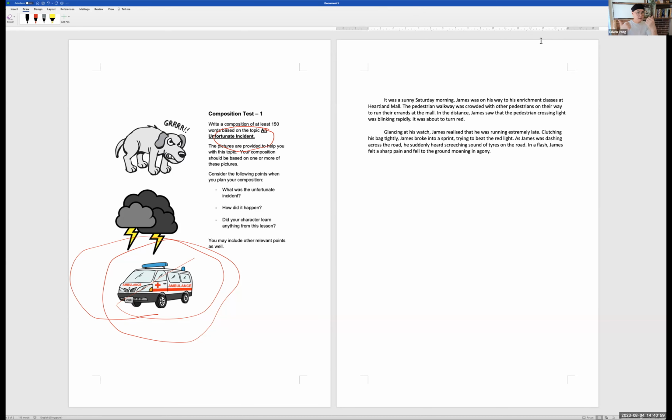So what happened? He dashed across the road. Then he heard the sound of screeching tires. Then he felt a sharp pain, right? And then he fell to the ground, moaning in agony. Now I can tell you what actually happened to James, right? I can go back and I can explain, right?